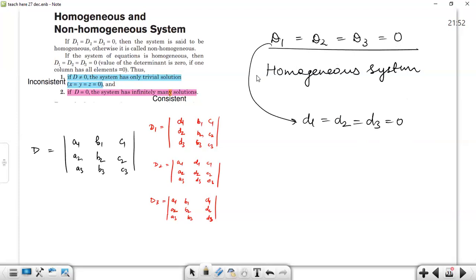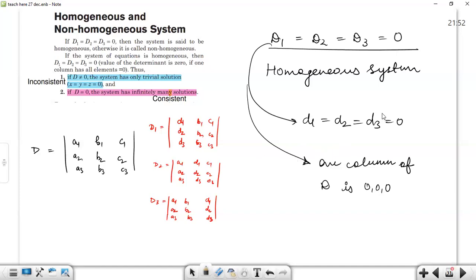Or maybe it is happening that one column of D is entirely 0, 0, 0. So these two possibilities are there.